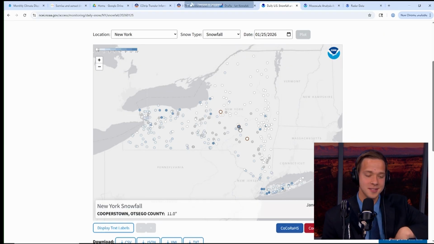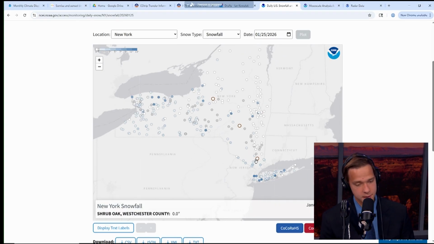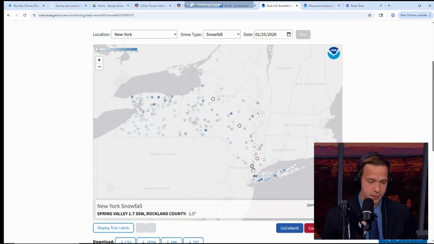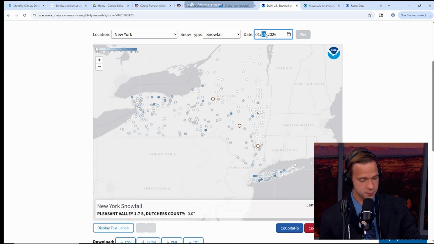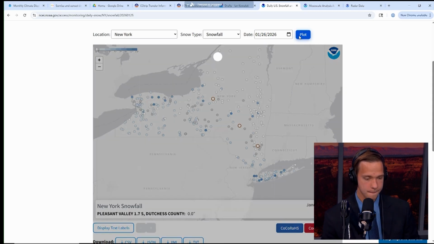But when you get a place that, say, has 11 feet of snow in central New York, or, hey, let's take a look down further south, still getting around 2 inches towards the southern tip of the state. And you're getting even over here towards Staten Island, still getting into that 3 to 4 inches range at the very most. And we move on to the 26th right here.